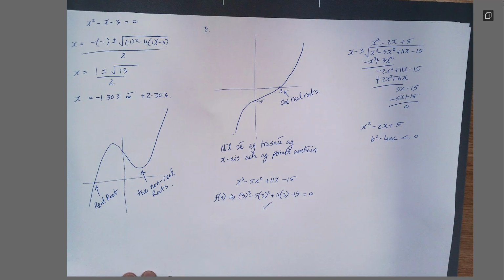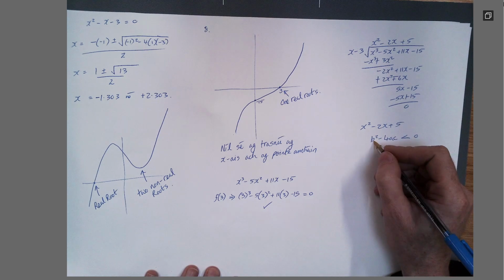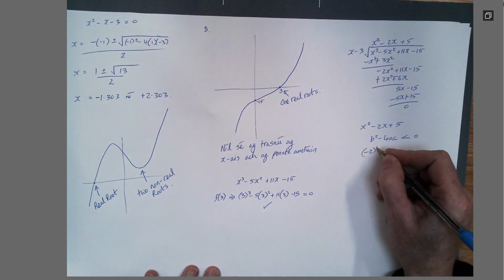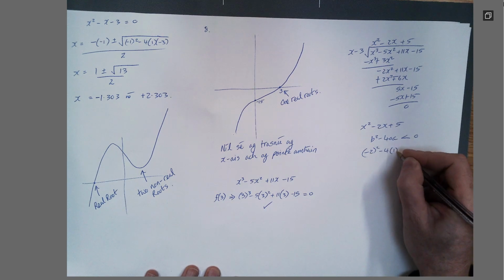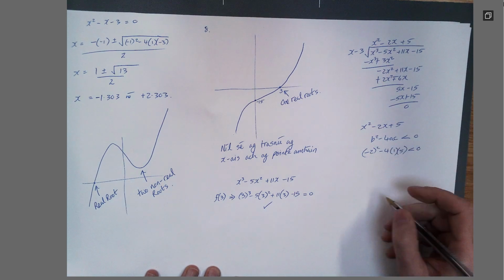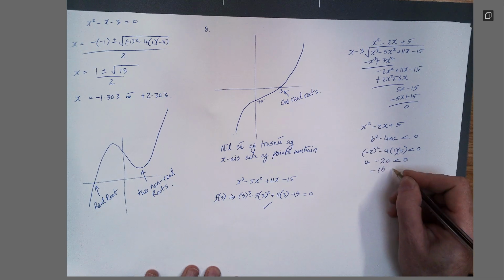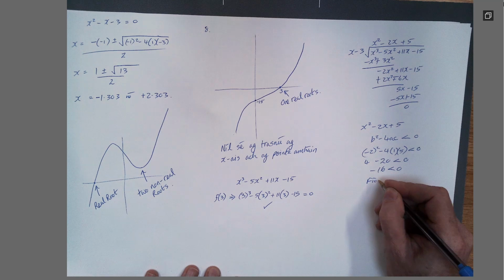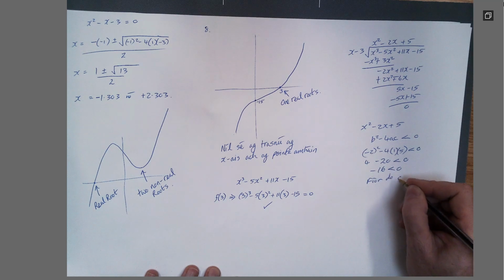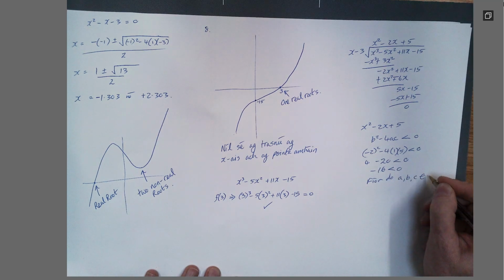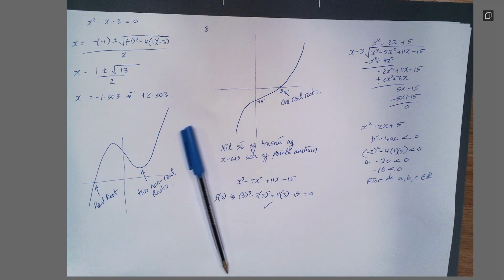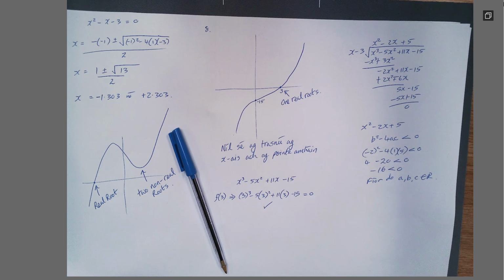So here a is 1, b is minus 4 and c is 5. So b squared minus 4ac is 16 minus 20, which is less than 0, so therefore they're non-real roots.